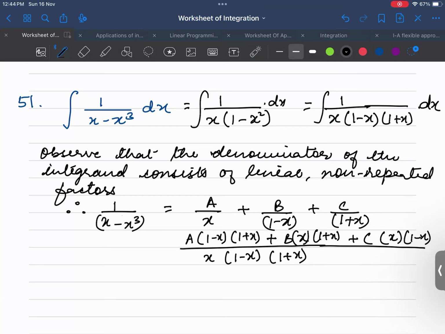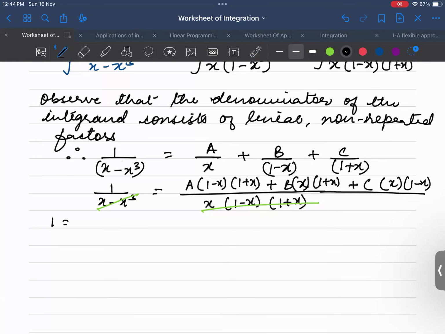Can I write it like 1 upon x minus x cube? We can cut this to equal to this. So what is left? I can say 1 equals a into 1 minus x square, plus b x into 1 plus x, plus c x into 1 minus x.